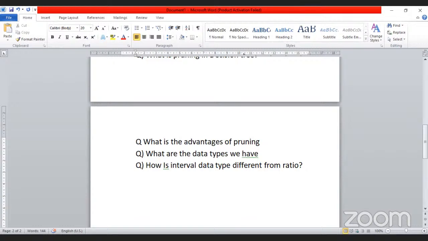But we have some value for that 0 degrees Celsius. That means it is too cold. That means we have some value for zero. This means the interval data type.